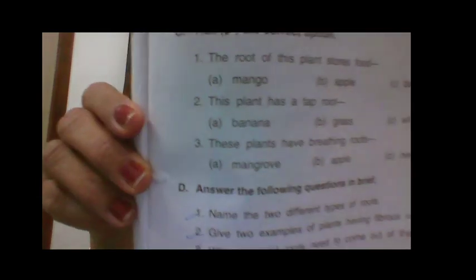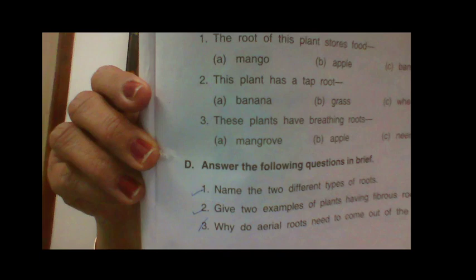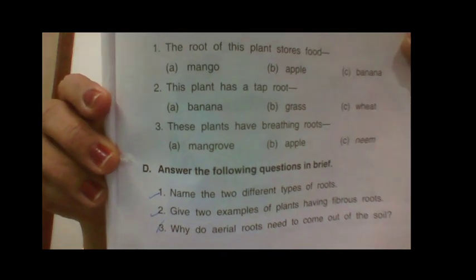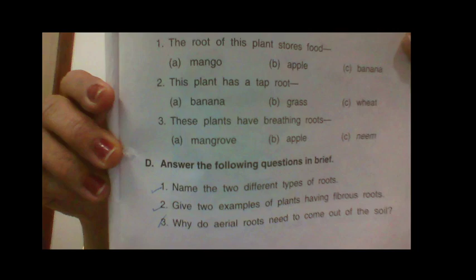If you have this PDF with you, the first question of D part, name the two different types of roots. So you will write the answer as we were doing in the class. The two different types of roots are, number one, fibrous root, and number two, taproot. I have sent this through your snap homework also. This is how you will be writing taproot and fibrous root.